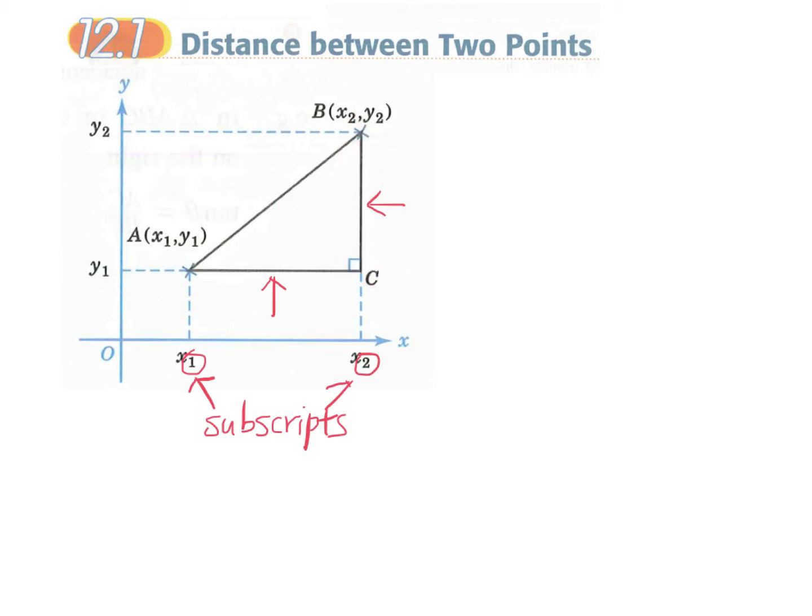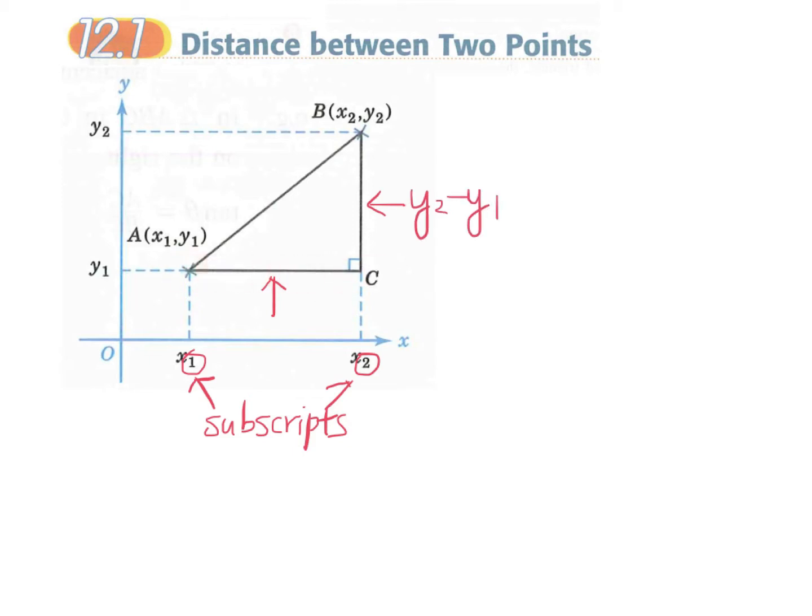Obviously, y1 is the y coordinate of point A, and y2 is the y coordinate of point B. We can think of the y coordinates as the height of the point above the x-axis. So the height of point A will be y1, the height of point B will be y2, above the x-axis. So the length of BC will be y2 minus y1.